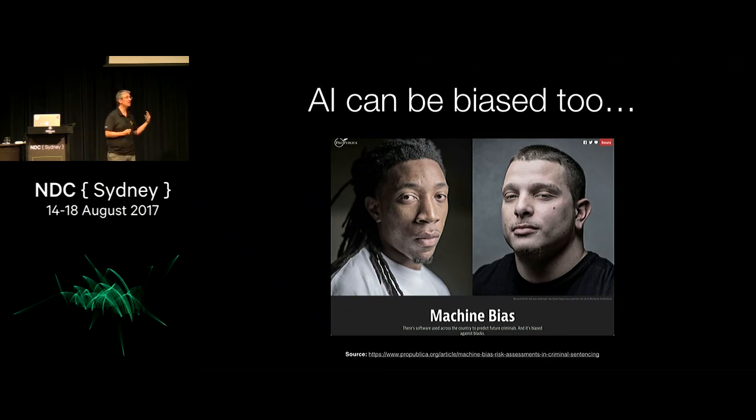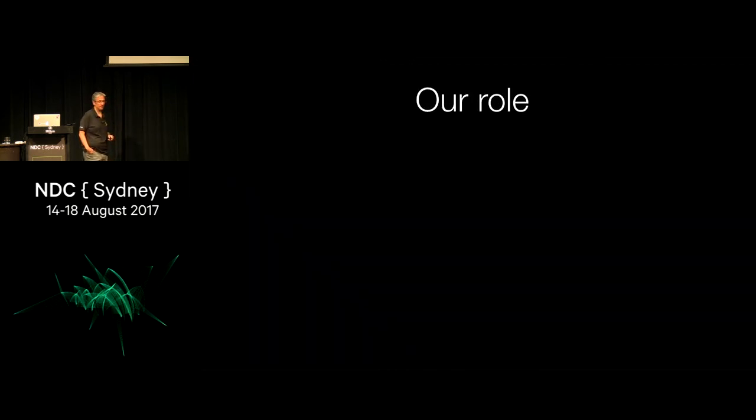Because we're feeding data that is already biased, right? We're taking the criminal population now and saying, here you go. And the machine's like, well, based on the criminal population you're feeding me, there you go. Now imagine systems in place that are going to judge us and sentence us based on AI biases that we've created ourselves.